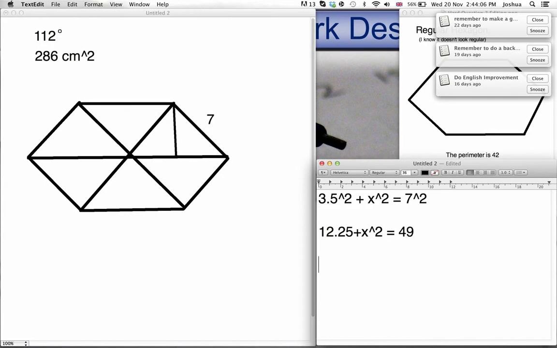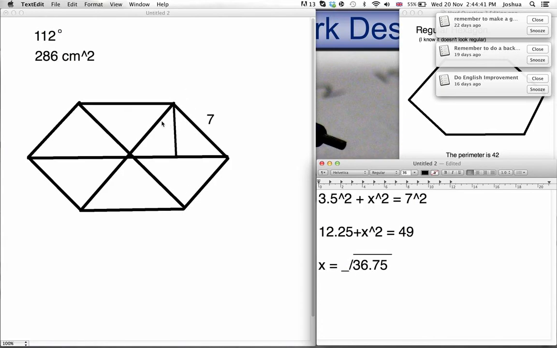Then do 49 minus 12.25, and you should get 36.75. So x squared equals 36.75. Since we can square root it, x is the square root of 36.75. That is the height of one of these.